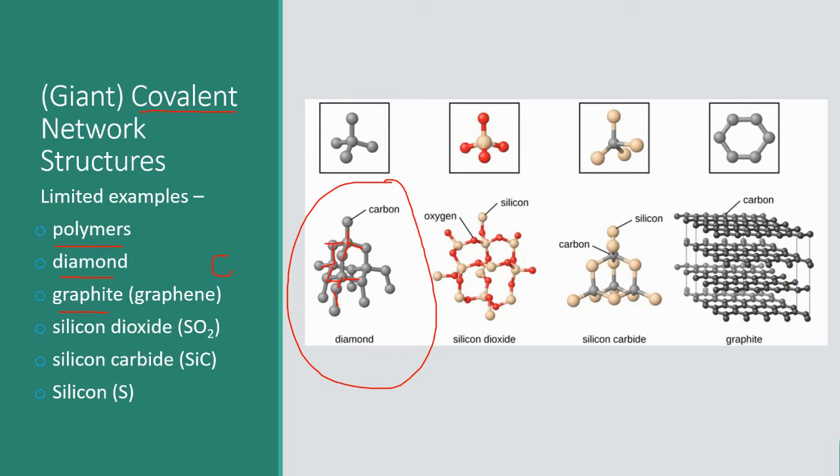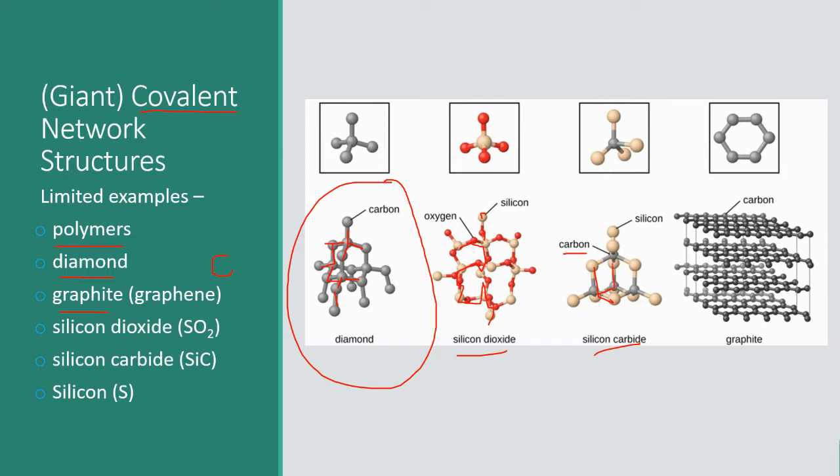You've got this silicon bonded to oxygen atoms, and it forms this big network of silicon and oxygen called silica or silicon dioxide, which is sand. Silicon carbide is pretty similar, with silicon and carbon atoms bonding together to form these tetrahedral structures.